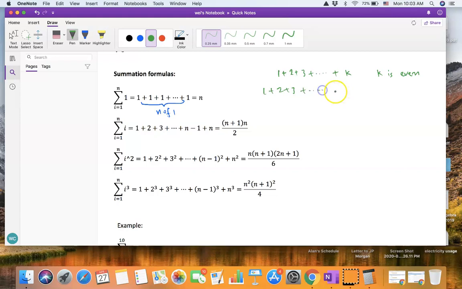Let me write a few more terms. If I add 1 and k, what do I get? I will get 1 plus k, right? And if I add 2 and k minus 1, I will still get 1 plus k, right?